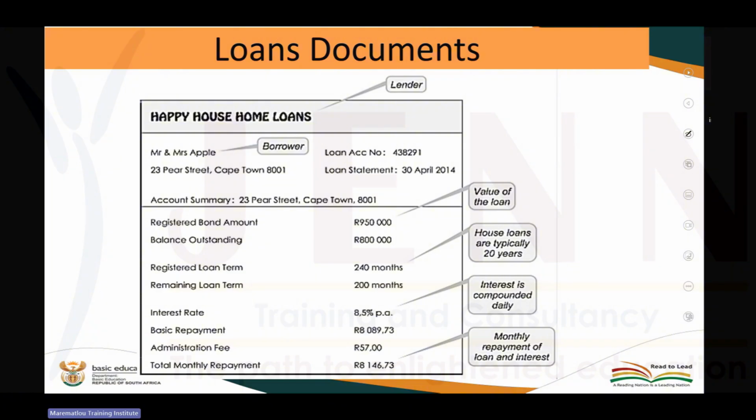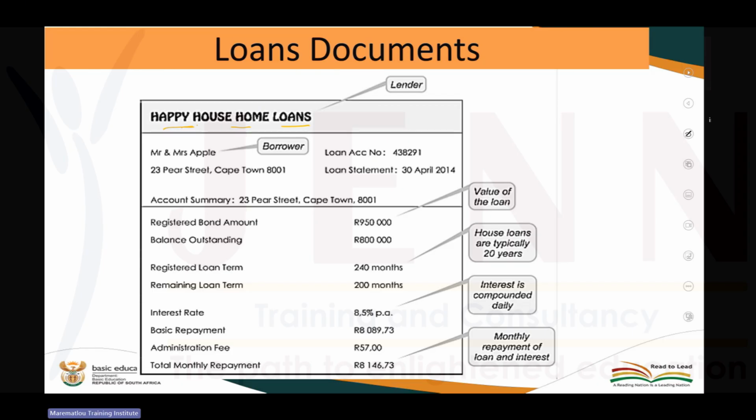One of the financial documents is the statement from Happy House Home Loan. This person used this company to buy the house on their behalf.